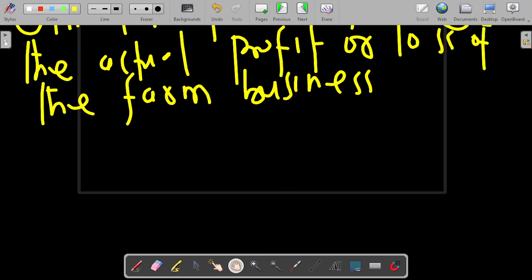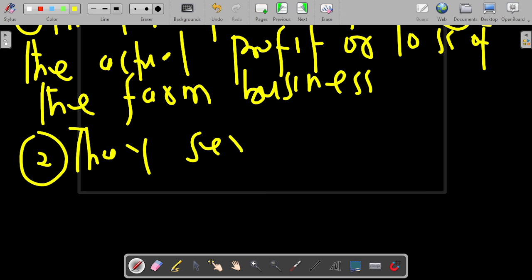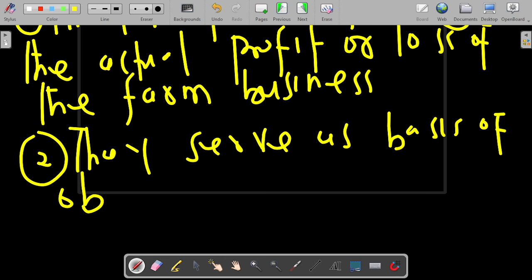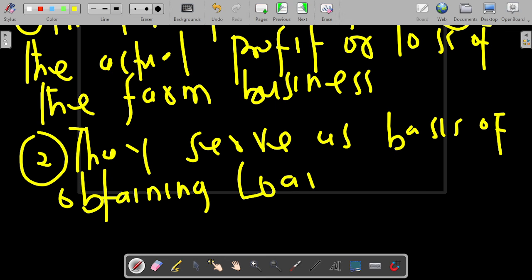Then 2, they serve as a basis of obtaining loans.